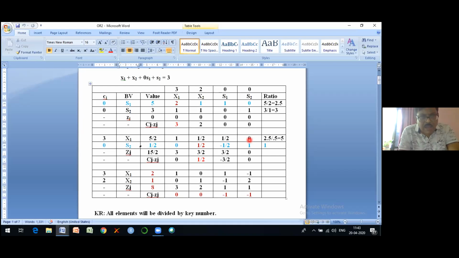Now another row is your non-key row. So one is key row, another is non-key row. In case of the non-key row, the rule is different. Just go through this rule.